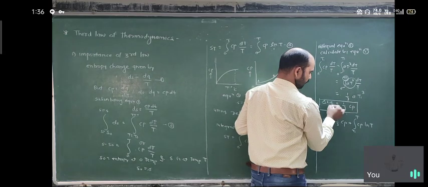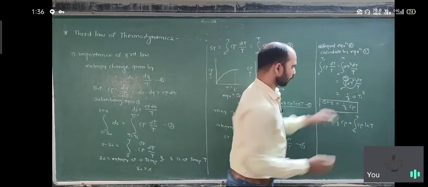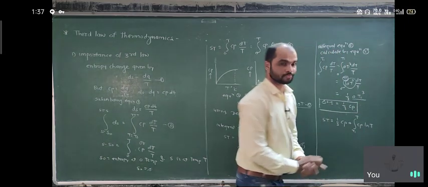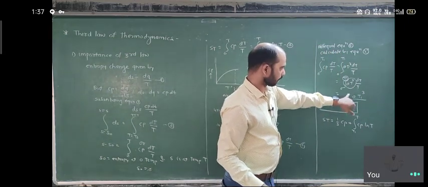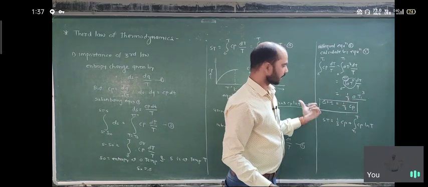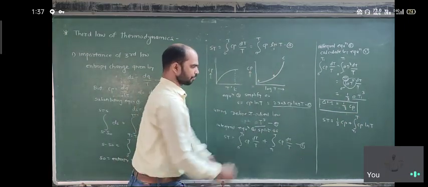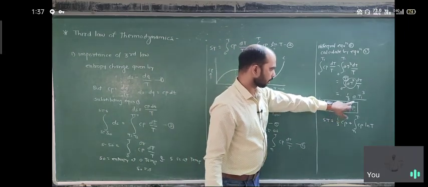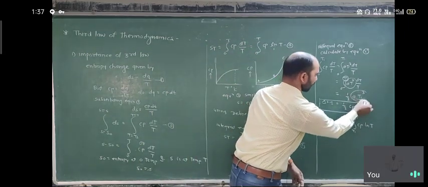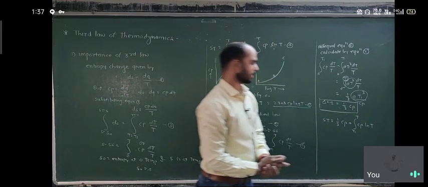So delta S1 is considered as 1/3 Cp, because we get this equation A T cube, so when we solve this, here is 1/3 A T1 cube. We already have the equation Cp is equal to A T cube, so this value we consider as Cp, meaning here 1/3 Cp is the value.